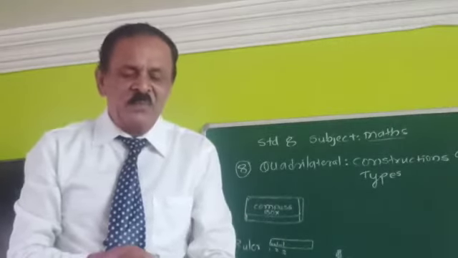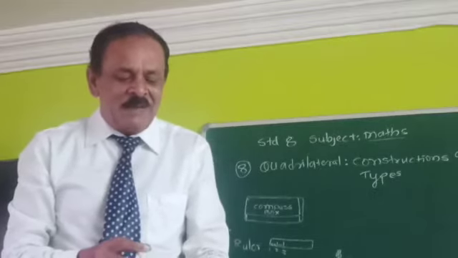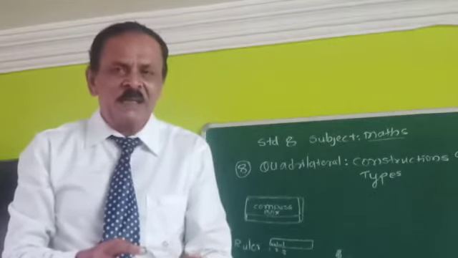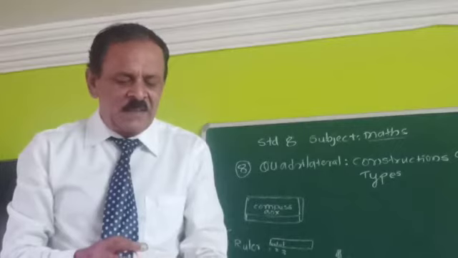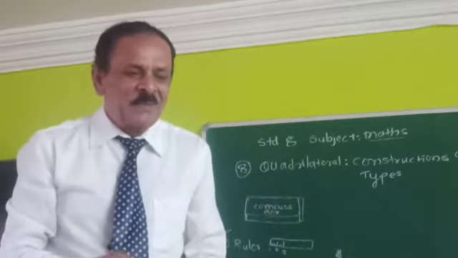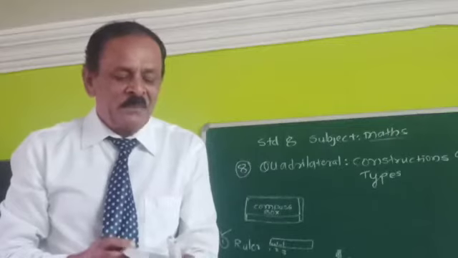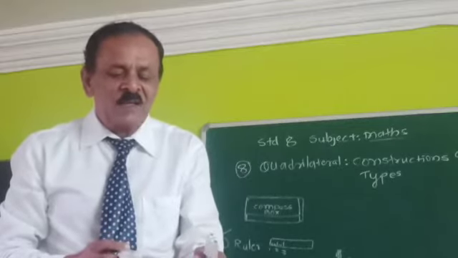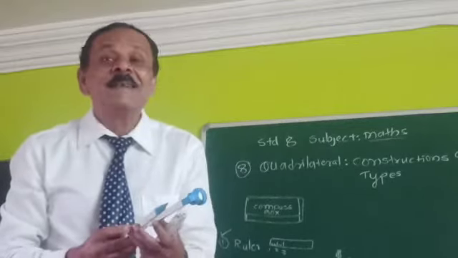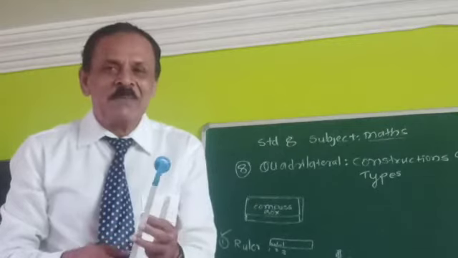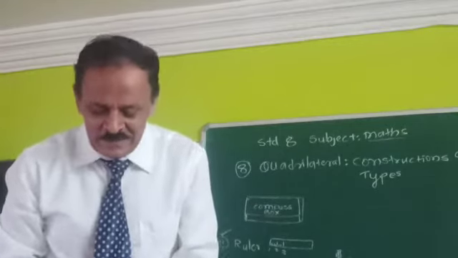Pencil compass. This is the big pencil compass. This much is not in your compass box. But here, instead of a pencil, we can put a big chalk or a big marker. Big marker also. Very good.